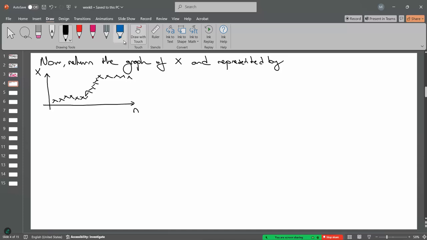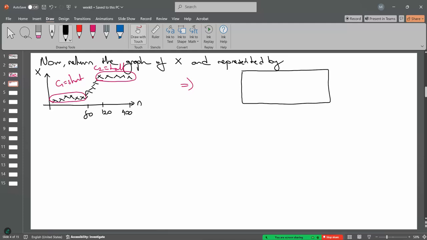So this is 80, this is 120, and 300 is given in here. We have one class, C1, maybe short. Maybe this is C2, the tall. We don't know yet. But in this case, we should assign 400 in here. This is the N. And so we can draw the Euler diagram just like this.